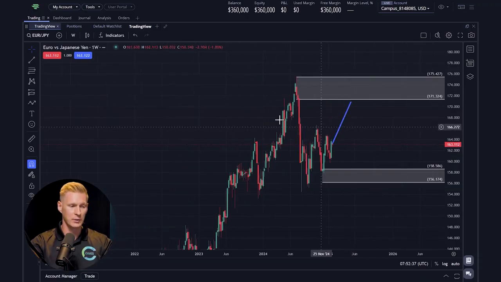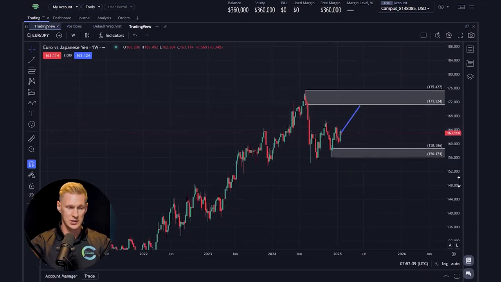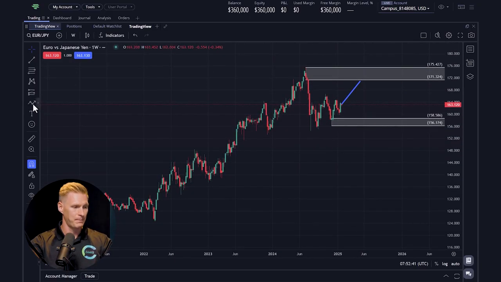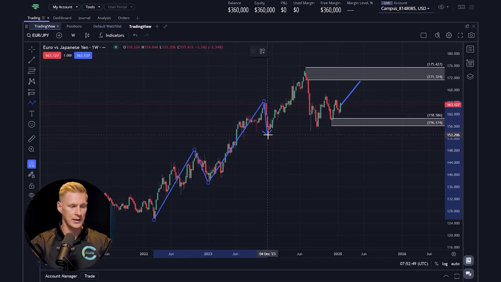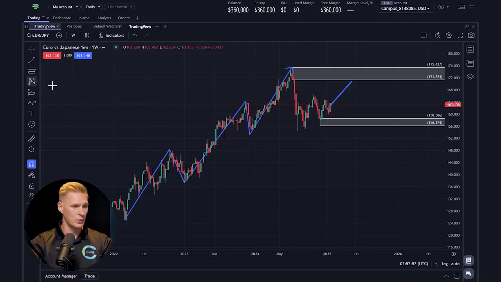We will start with an uptrend here. You can see it's low, this is our high, it's our higher low. That's our higher high, another higher low, and a new higher high. Let me draw it like this. And one more, another higher low.